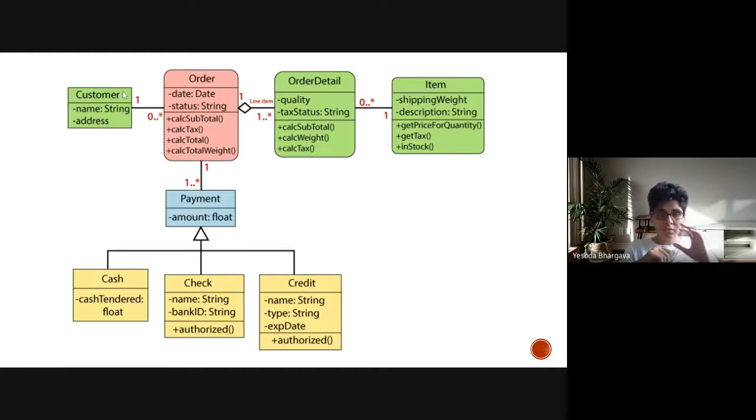So try to understand these concepts, and I'm confident that when you try to see the implementation of composition and aggregation, the concept will become much clearer, and you will be able to appreciate the theory behind class diagrams in a much better way than otherwise you would have.